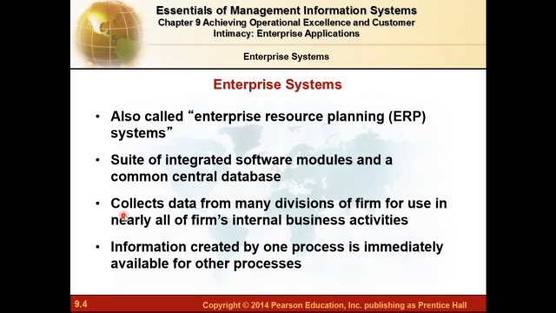So this enterprise system collects data from many divisions of firm for use in nearly all of firms' internal business activities. Information created by one process is immediately available for other processes. So in enterprise system, data integration throughout the firm is the key.